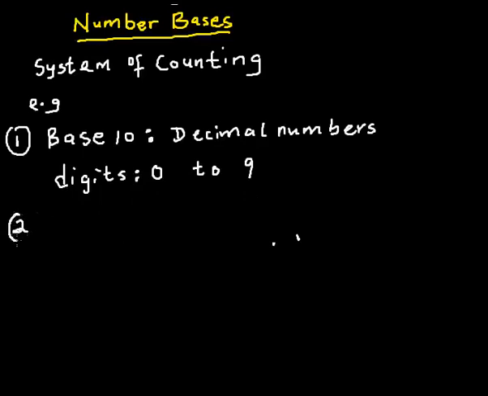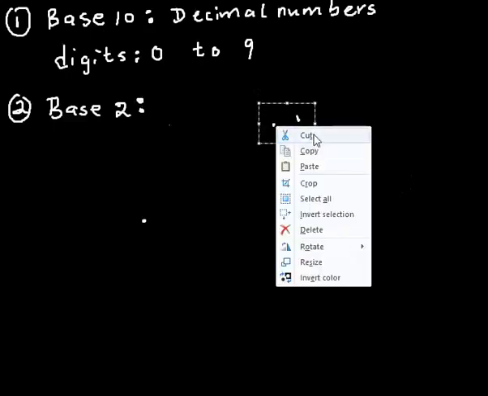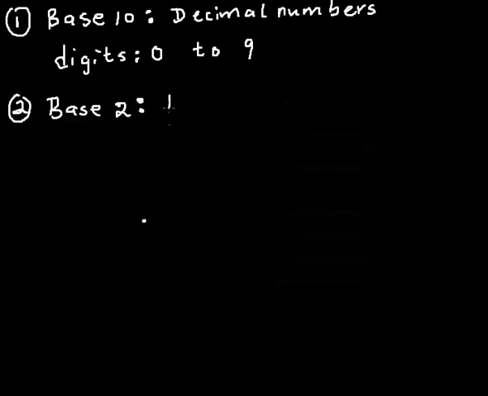Another example is a number in base 2. This is not a common system of counting. Human language doesn't understand this; computers use this system of counting. It is what we call the binary system or binary numbers.